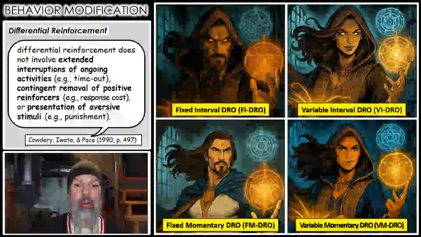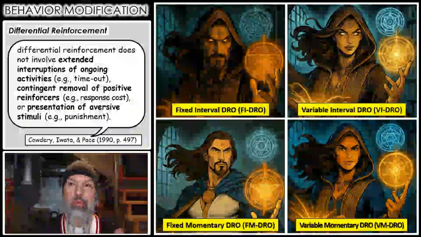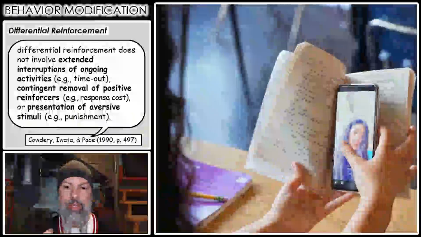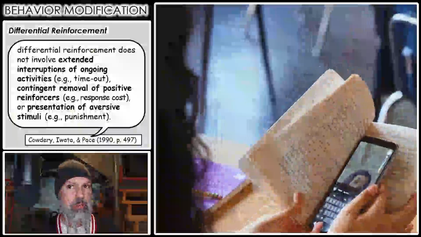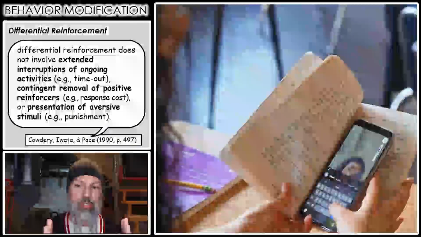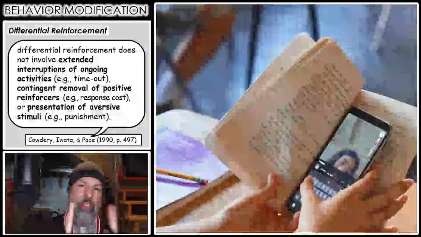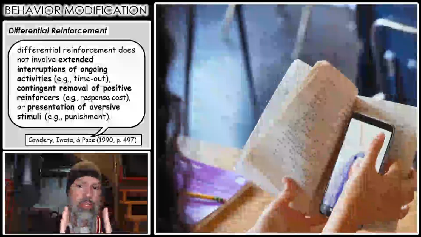Use interval DRO, use a variable interval DRO, might be one of the best, in order to avert this problem behavior. And then lastly, differential reinforcement of other behavior can sometimes be too demanding or intrusive if the intervals are too short. So you really want to choose a short interval that you can deliver that reinforcement early and often and consistently, but not so short that it's intrusive.